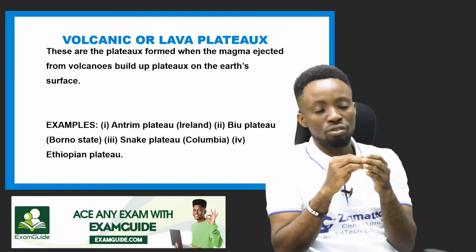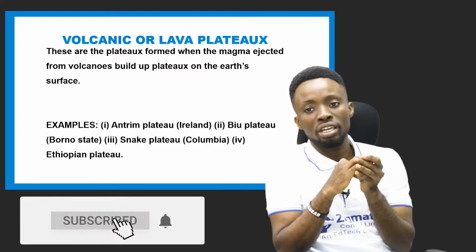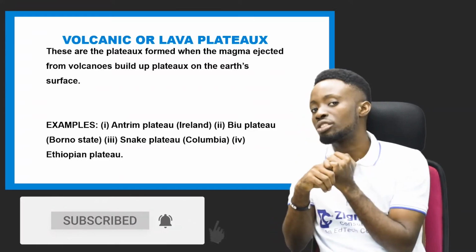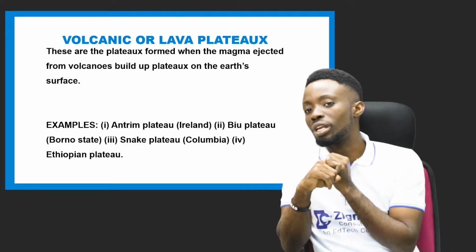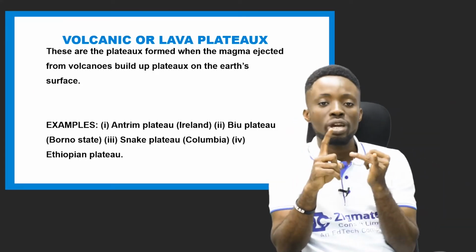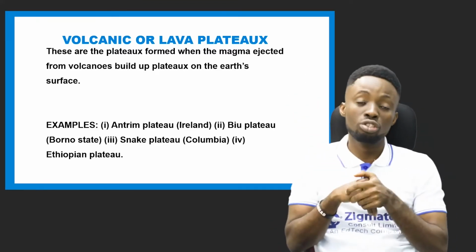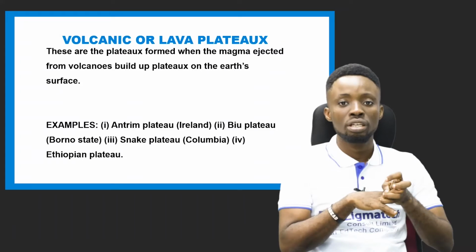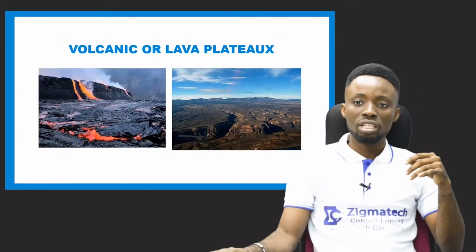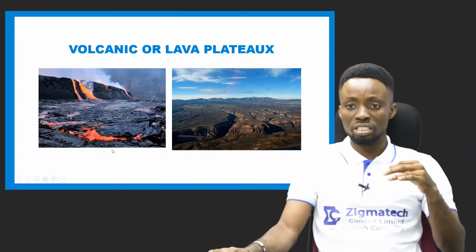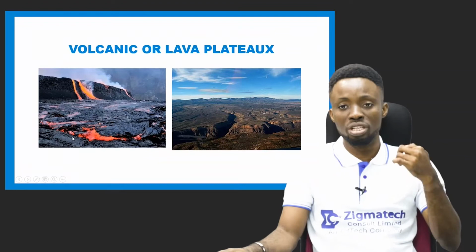So examples of a volcanic plateau are the one we have in Borno State, that is the Biu Plateau in Borno State. Then we have the Antrim Plateau in Ireland, we have the Snake Plateau in Colombia, and we have the Ethiopian Plateau in the eastern part of Africa. So this is a typical illustration of how a volcanic plateau is formed.